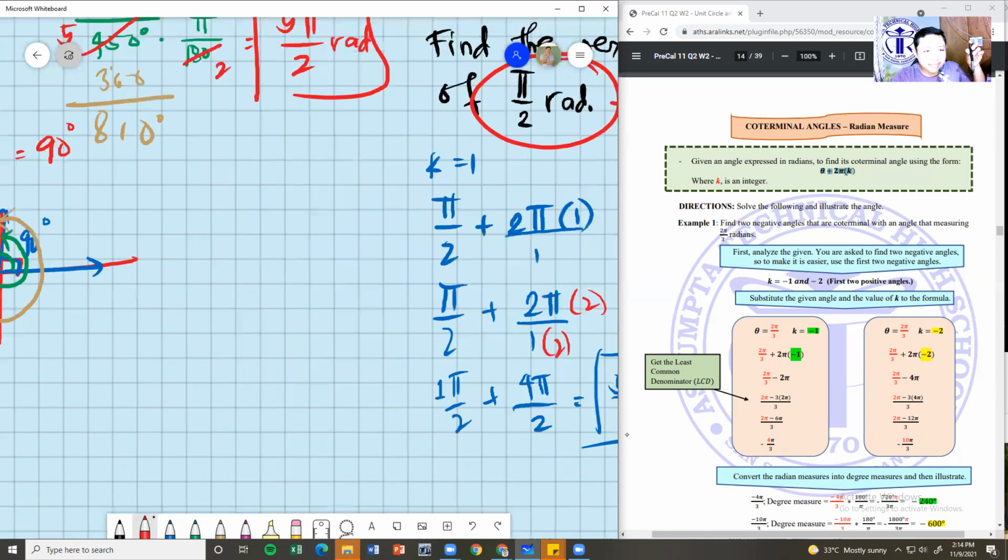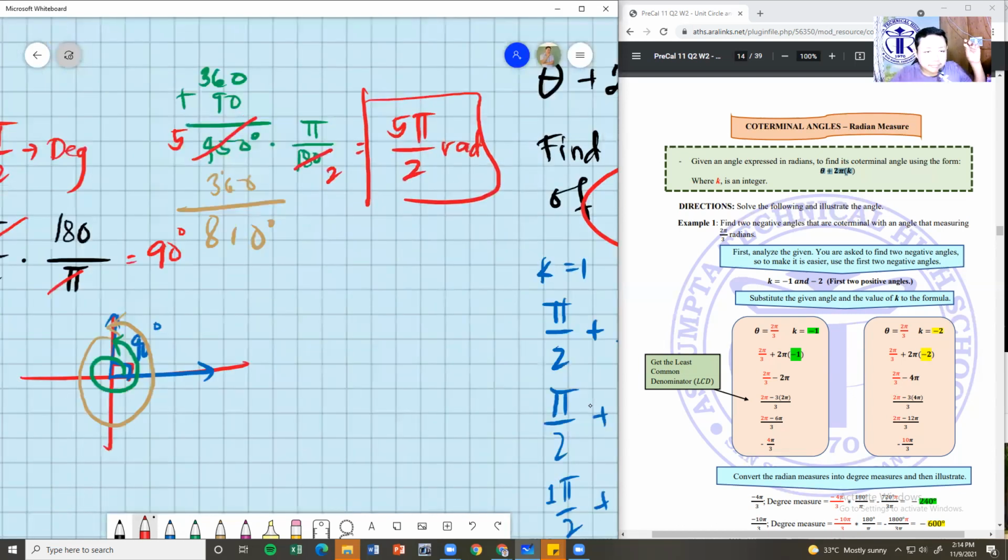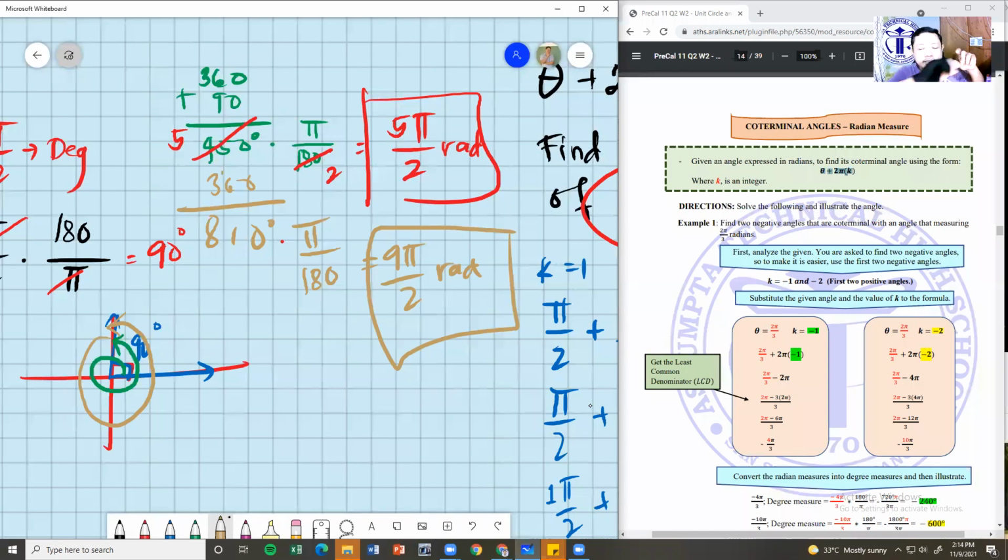That's correct. And then 810 times pi over 180. So therefore, isa pang revolution ang dadagdag. So plus 4. So magiging siyang 9 pi over 2 rad.